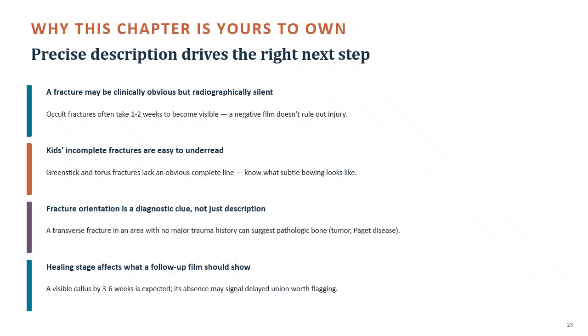Fracture orientation might also provide information about the mechanism. A fracture that occurs with minimal trauma or in an unusual location might raise concern for a weakened or pathologic bone. So the radiologist will make that determination, but your images must show that lesion and also surrounding anatomy clearly.